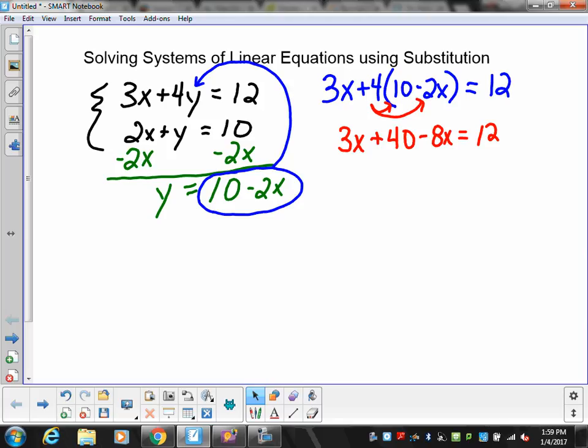Next step will be combining my like terms. So what are our like terms in this next step? 3x and negative 8x. So 3x minus 8x is negative 5x. Keep my plus 40 and I keep my equals 12.